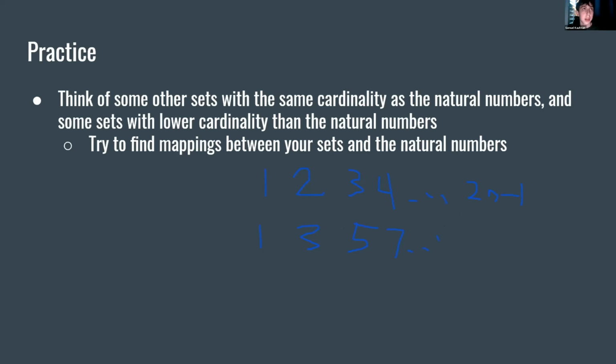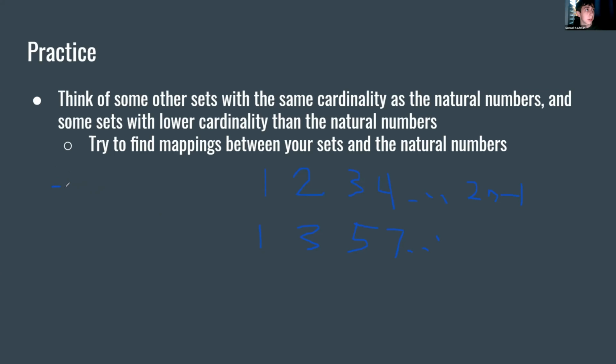And another thing you can do is you can use any countably infinite set. So you don't always have to use the natural numbers. If you know another set is countably infinite, you can use that one too. So let's say I wanted to use the even numbers instead to show that the odd numbers are countably infinite.